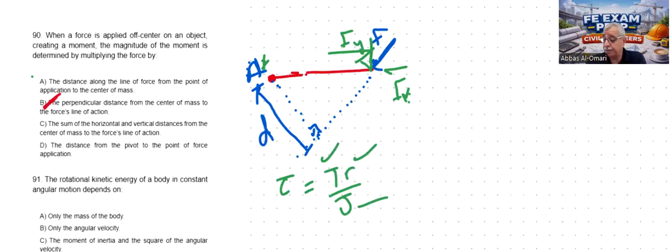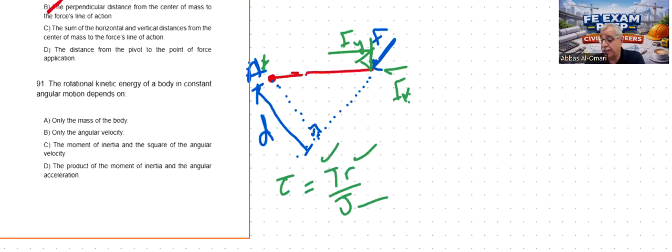Next question. The rotational kinetic energy of a body in constant angular motion depends on: only the mass, only the angular velocity, the moment of inertia and the square of the angular velocity. Okay, this question also repeats in different FE exams.